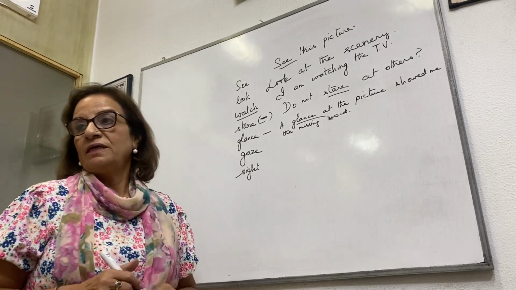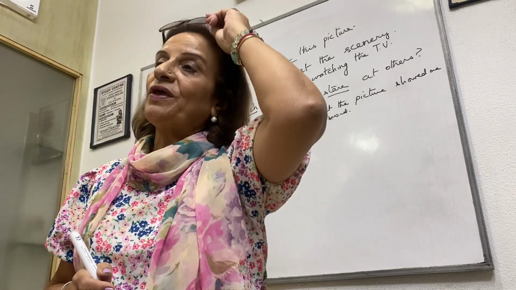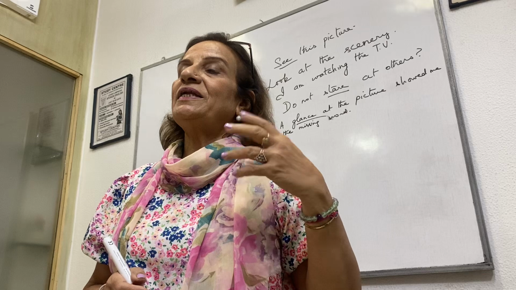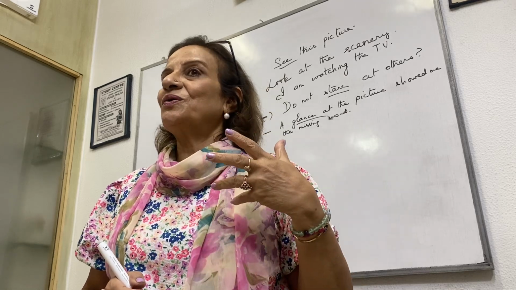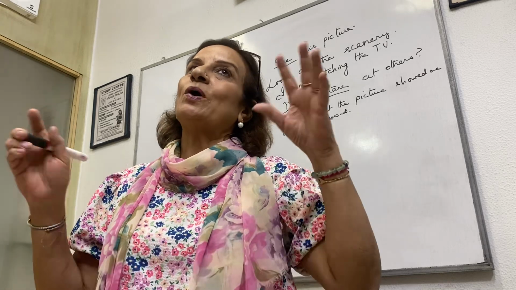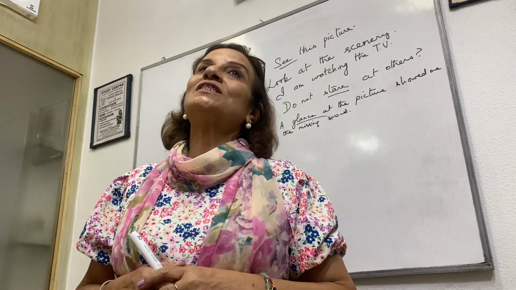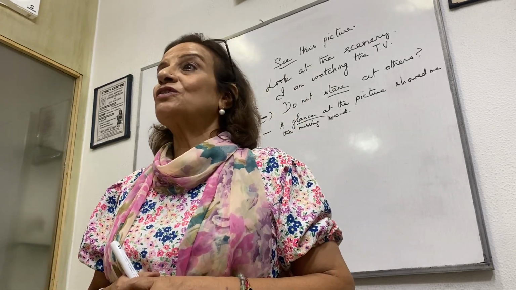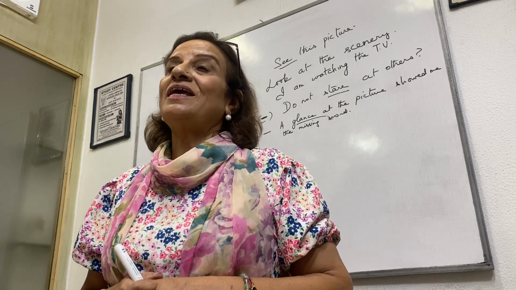Then gaze. Gaze is a very beautiful way. You will have read in poems and all. Gaze, okay, gazing at the stars in the night when you just sit in quiet and it's dark and you just keep looking at the stars. That is called gaze, gazing.